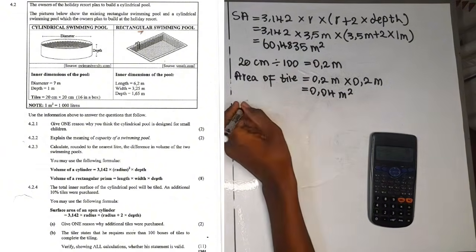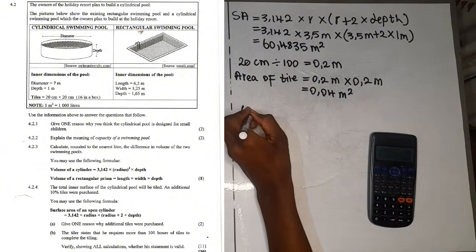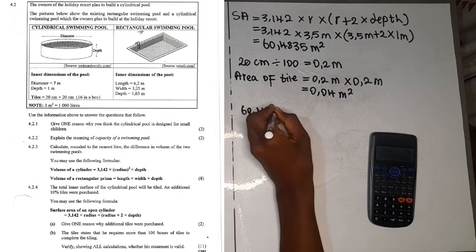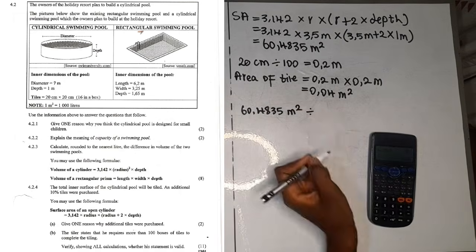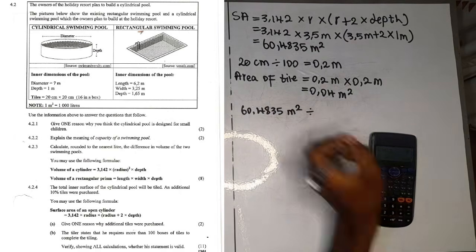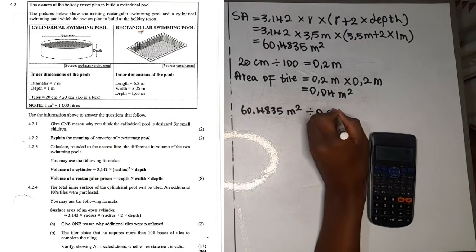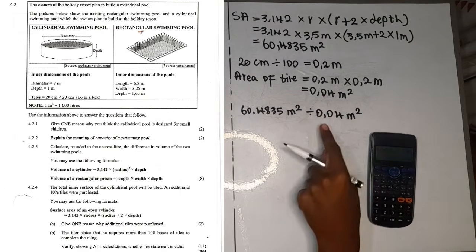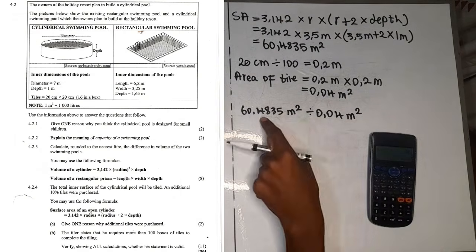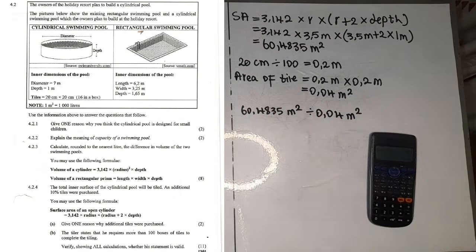So we are going to take the surface area, which is 60.4835 meters squared, and divide it by the area of a single tile, which is 0.04 meters squared. So this will tell us how many tiles will fit into the surface area of the swimming pool.